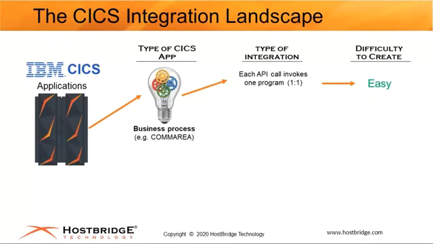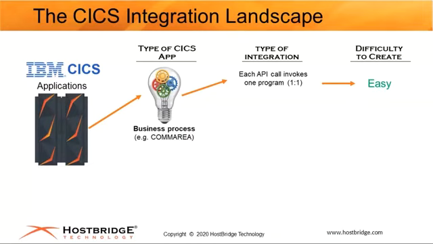You invoke them, you give them a set of inputs, they do something, and they then return a set of outputs. The classic example would be a CICS business logic program styled to use a COMMAREA, a communications area, that simply takes and organizes a set of variables as input and then as output.